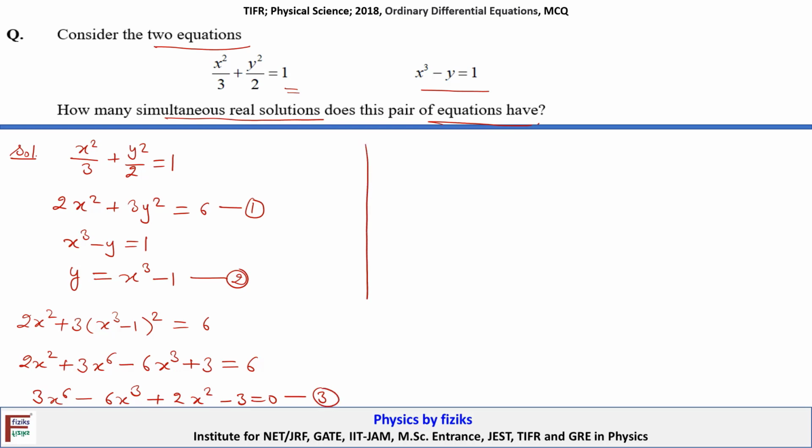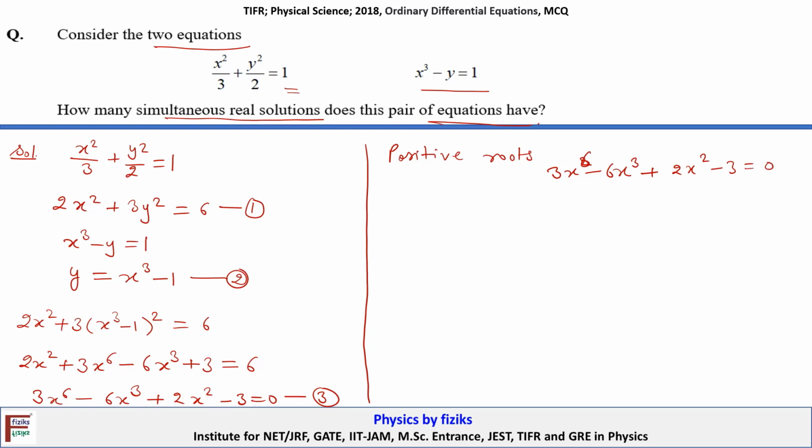Now for this equation we apply the Descartes rule of change in sign. Positive roots are obtained by observing the change in sign in this equation, which is 3x to the power 6 minus 6x cubed plus 2x squared minus 3 is equal to 0.